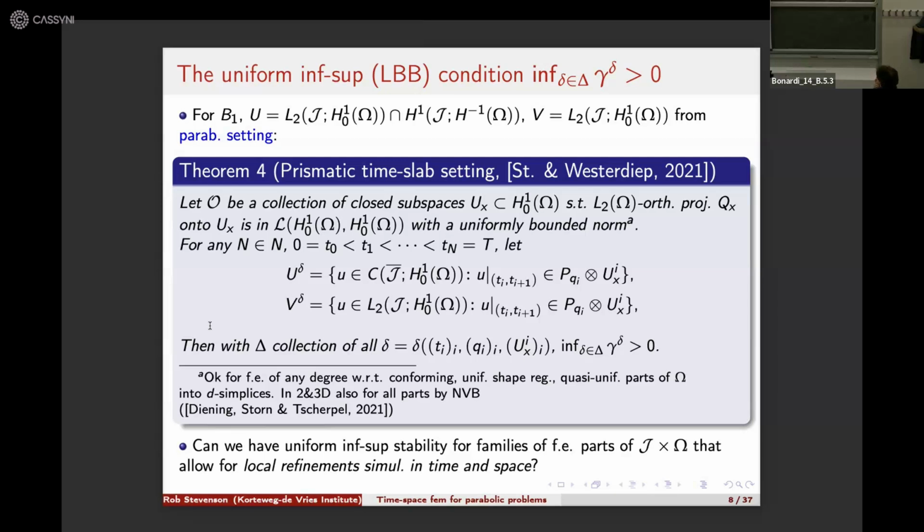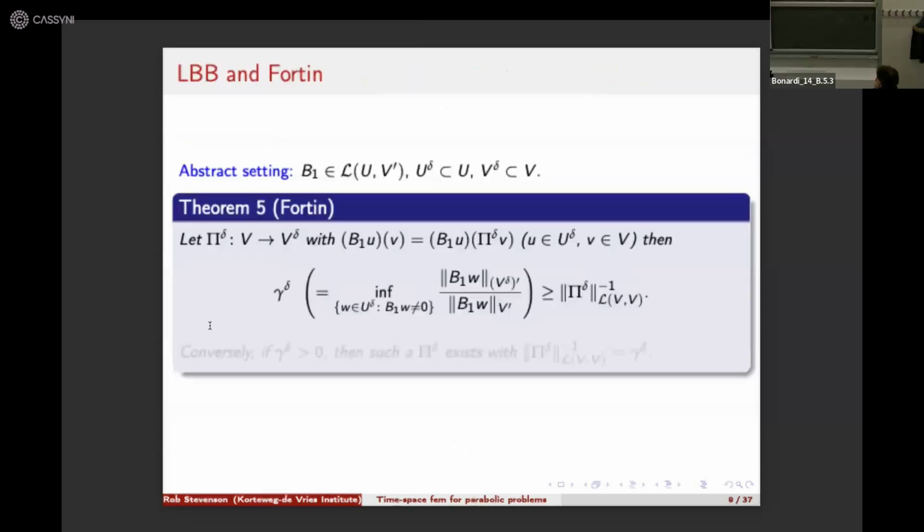Okay, so what is the trouble if we want to do general meshes? I first want to recall the relation between LBB stability and Fortin interpolators.